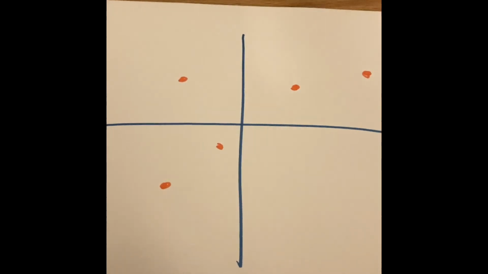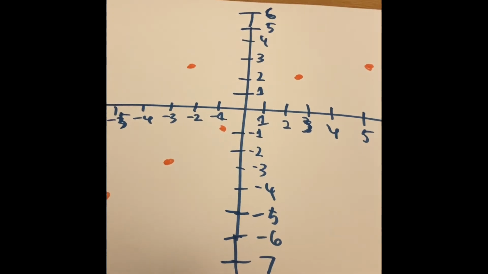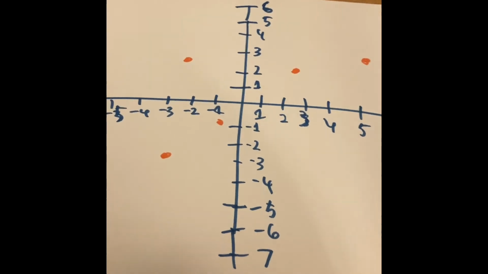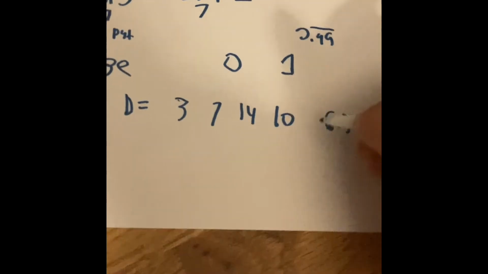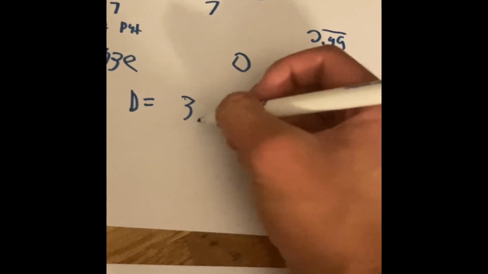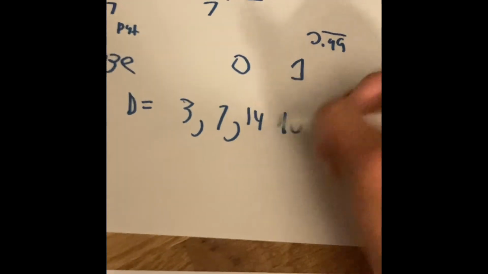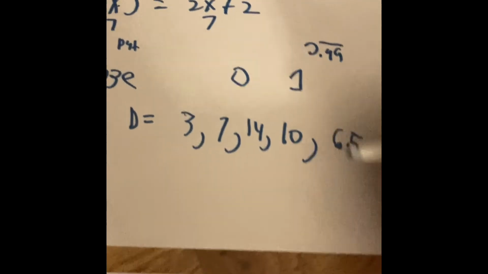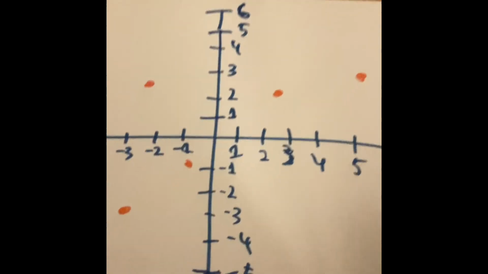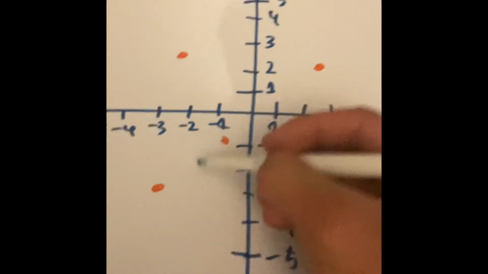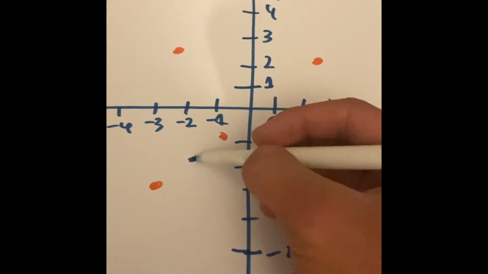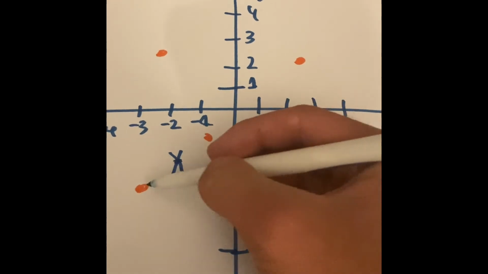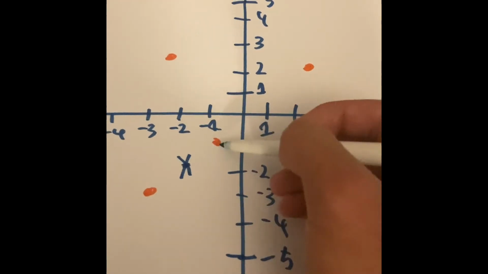So the way we find the domain and the range for this kind of problem is we're normally going to be using whole numbers like 3, 7, 14, 10, because since there's no line included, that means that if the number was here, that's not included because there's no line connecting from there to there.